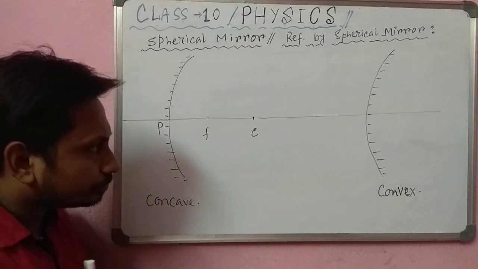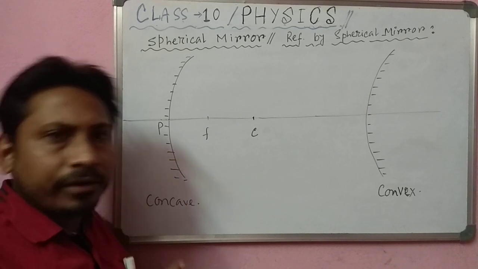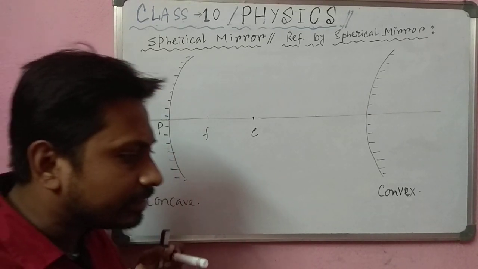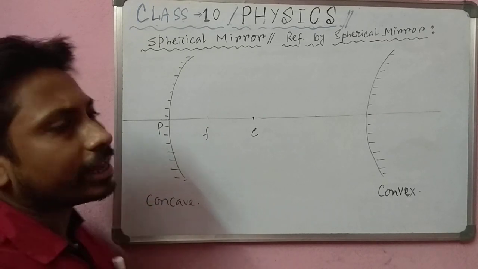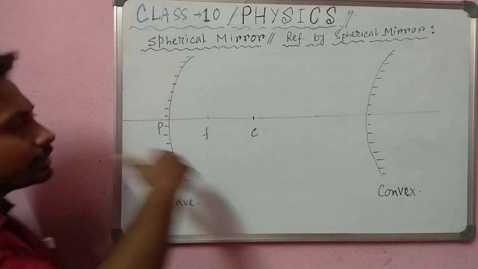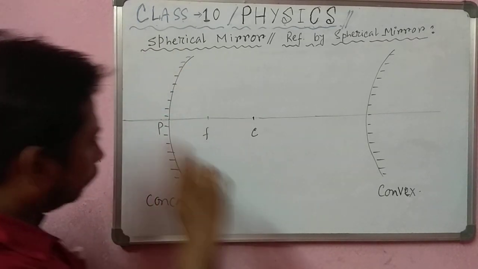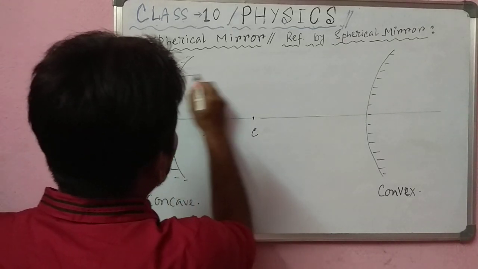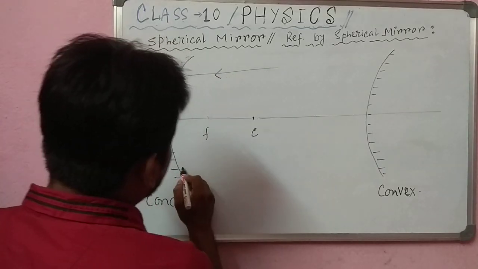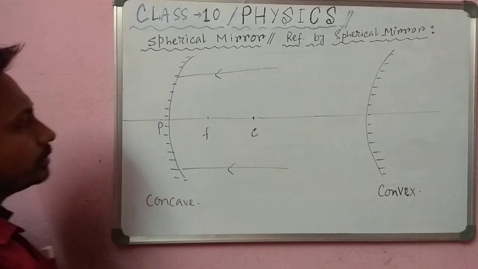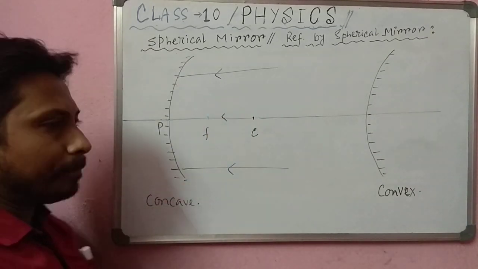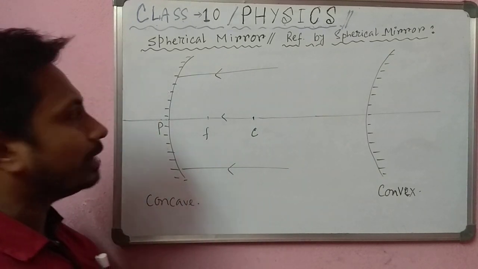Now, students, how to draw rays, and how the rays react after reflection by the spherical mirror. Suppose there is a ray of light parallel to the principal axis. These rays of light are parallel to the principal axis.